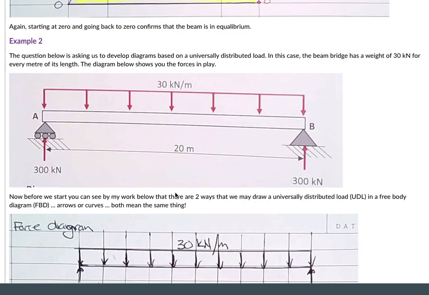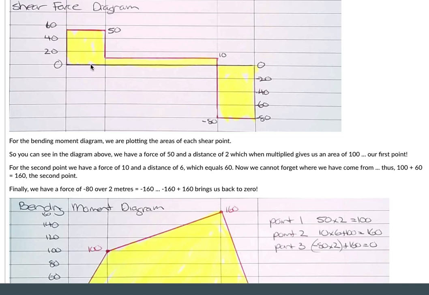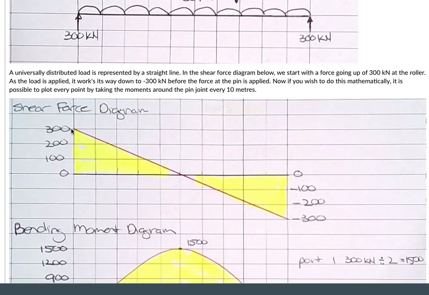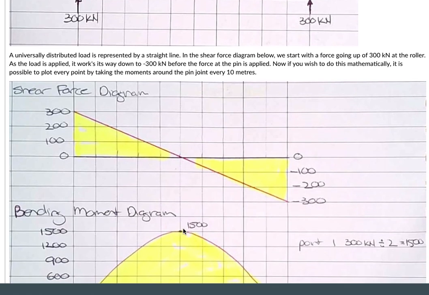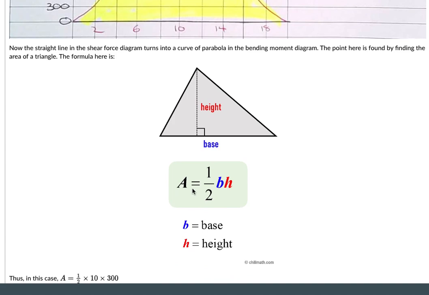Now, coming back up here, to calculate this, we did the area of these sections, okay? Now, in a universally distributed load, our formation here is a triangle. So we need to actually calculate the area of this triangle to find this point here. So the area of a triangle is half base times height, right?